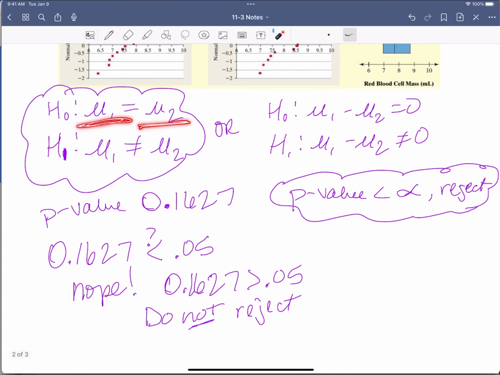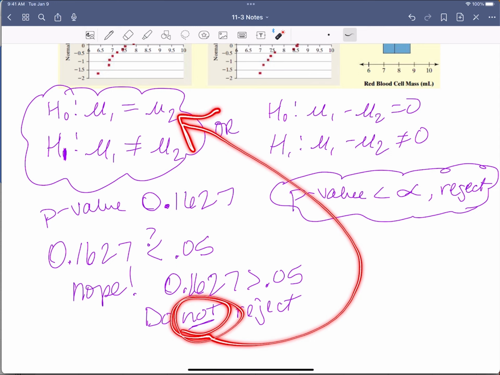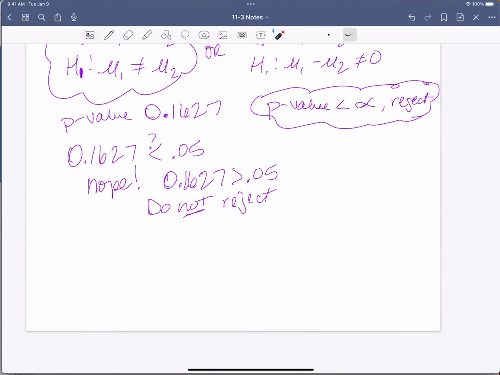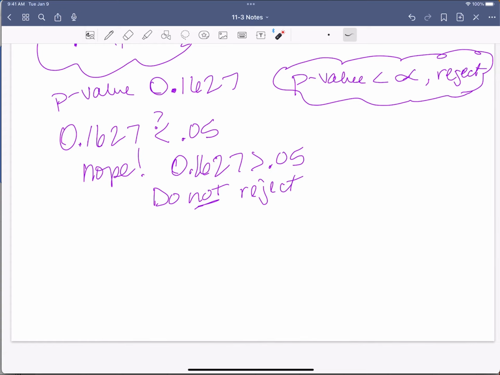My null hypothesis says those two are going to be the same. Those are equal. So we do not reject the null, which means what is stated is what we go with. All right? So we do not have enough evidence.